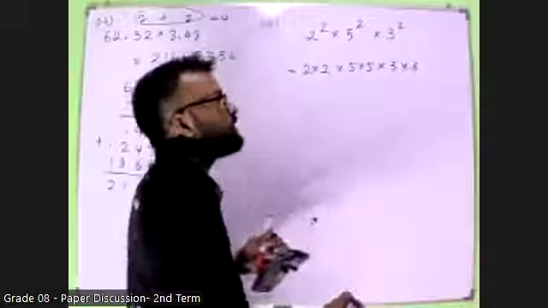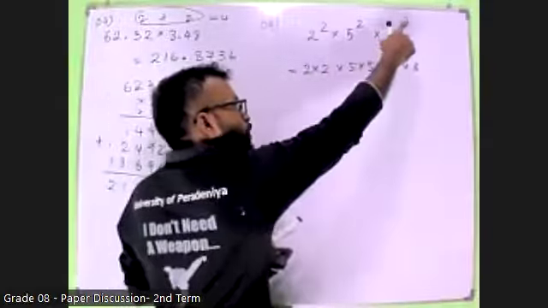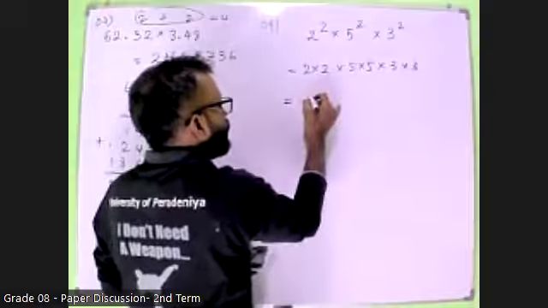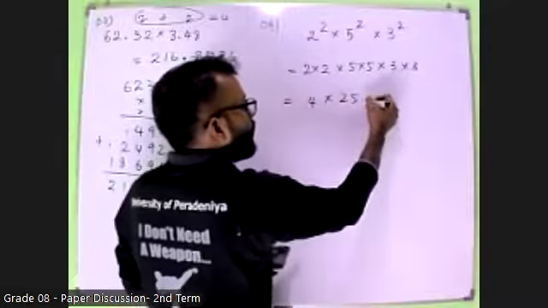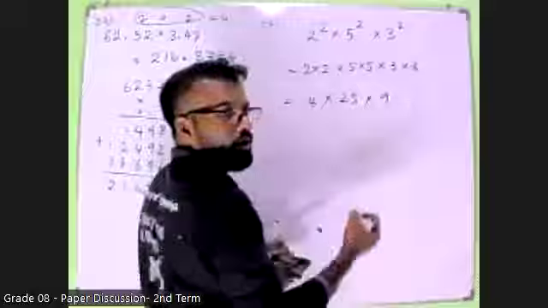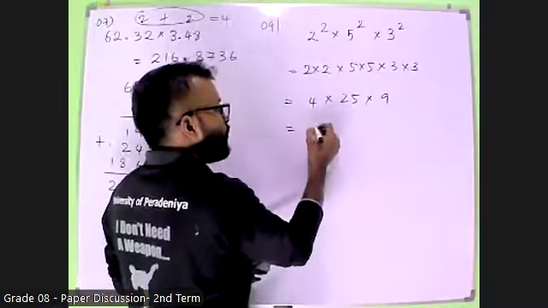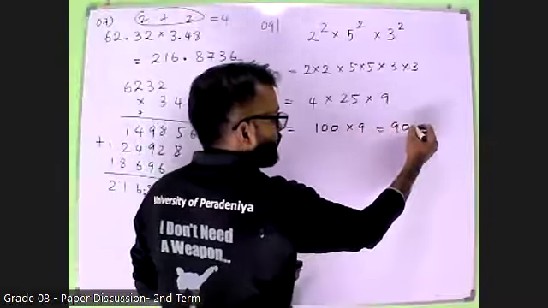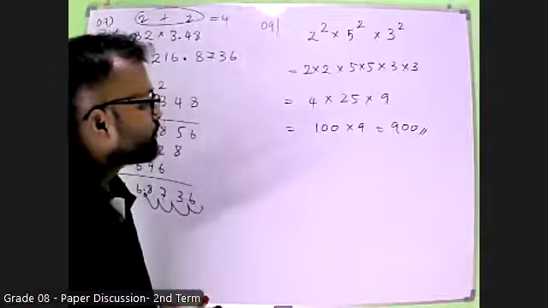So 2 times 2 is 4, multiplied by 5 times 5, 25, and 3 times 3, 9. So 4 times 25 is 100, times 9 is 900. Very easy, right?